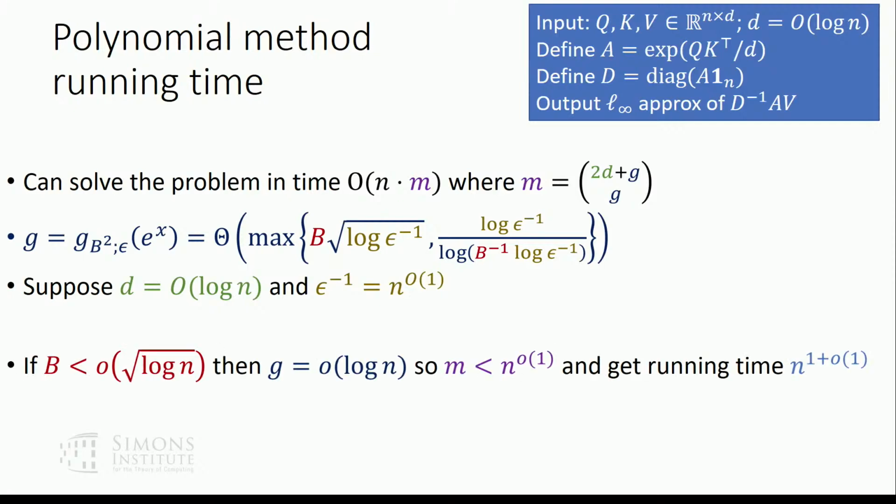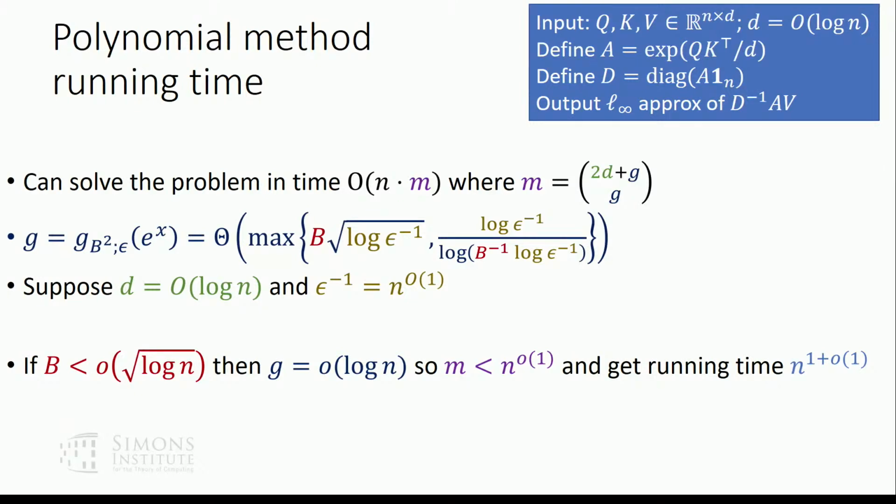Well, first of all, if b is small o of square root log n, then the degree G is also going to be small o of square root log n. Okay, the first term is like small o of square root log n times square root log n. The second one is log n divided by log of log n over small o of log n.